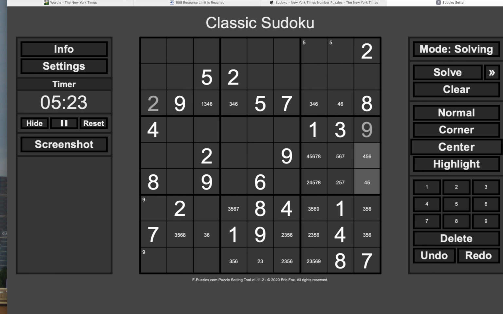Oh, these are not 8 because of the given 8. Let's see, if these are 3, 5, 6, let's see, this can't be 2, 7, 8, 9, or 5. It could be 1. Well, this is 1, 3, 4, or 6.